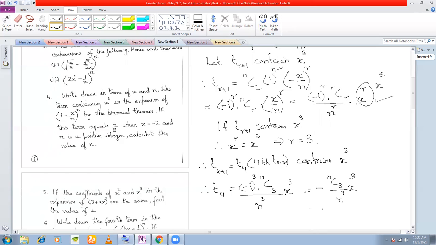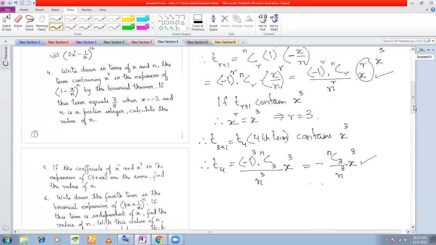Now look at the second part of the question. If this term equals 7 by 8 when x is equal to minus 2 and n is a positive integer, calculate the value of n. So according to the question, this term, minus nC3 divided by n cube into x cube, is equal to 7 by 8 for x equal to minus 2.